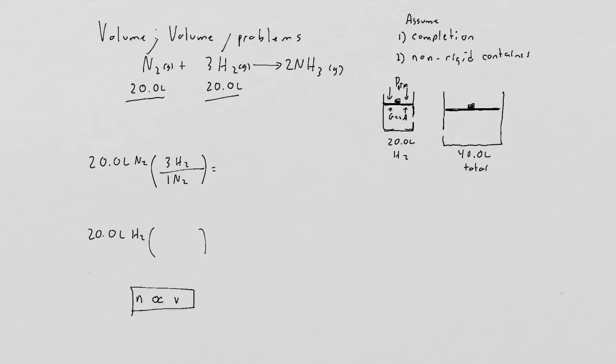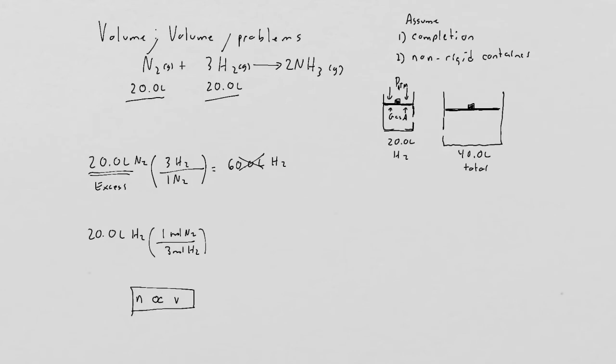So if all 20 liters of nitrogen react, I would need 60.0 liters of hydrogen. That ain't happening. We know now that the nitrogen is going to be our excess, just like we've done in the past. And for every 3 moles of hydrogen, we're going to need 1 mole of nitrogen.